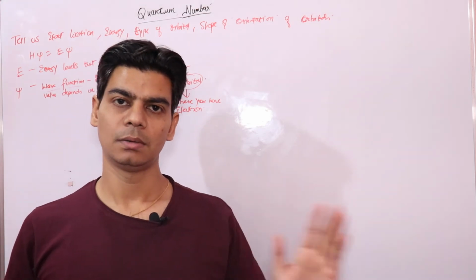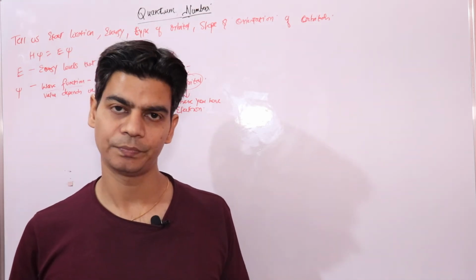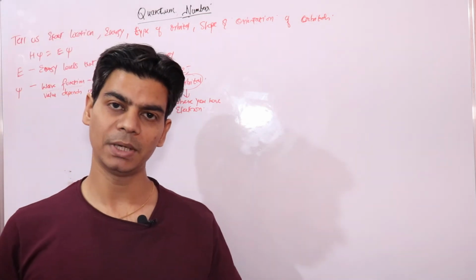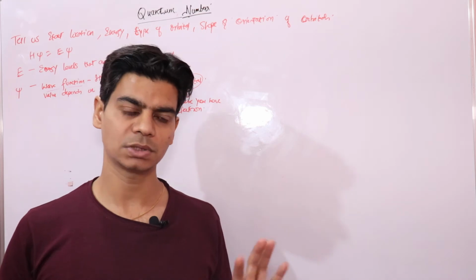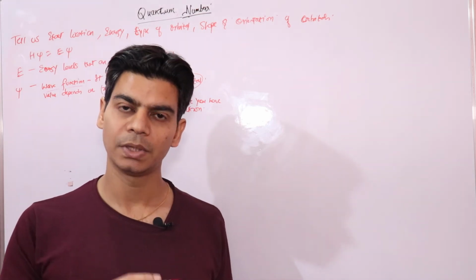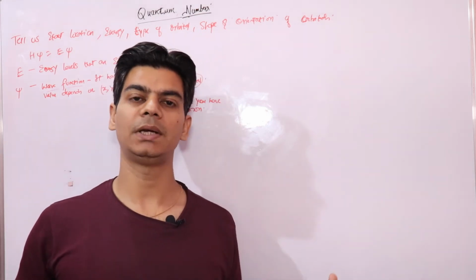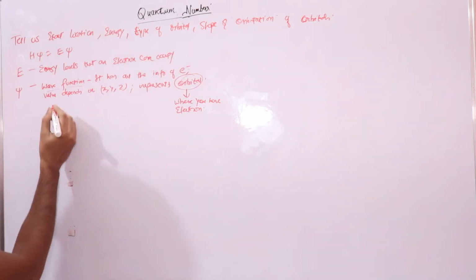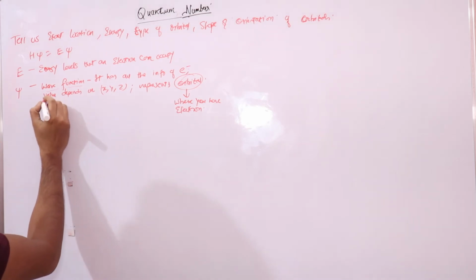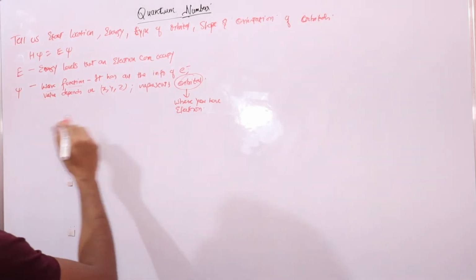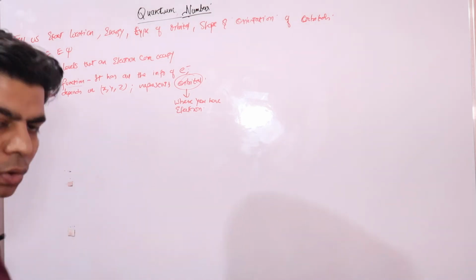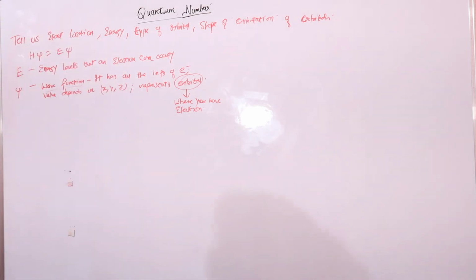Using the probability density. The shape of the orbital was nothing but the electron cloud, where the probability of finding an electron is maximum. So psi represents the orbital, and the orbital is nothing but your electron cloud.